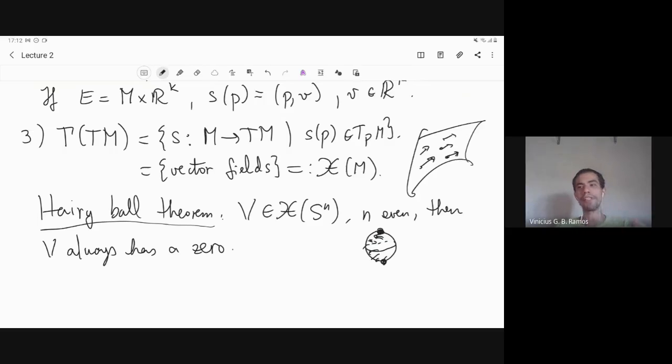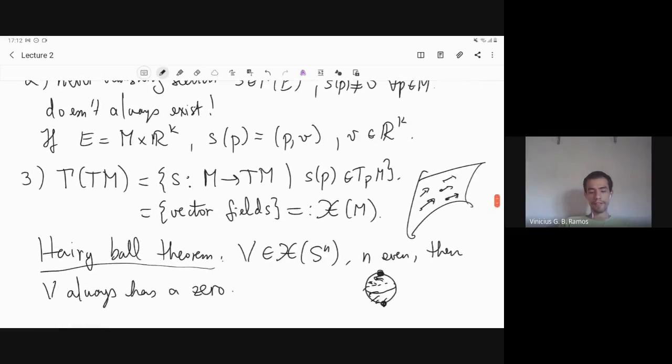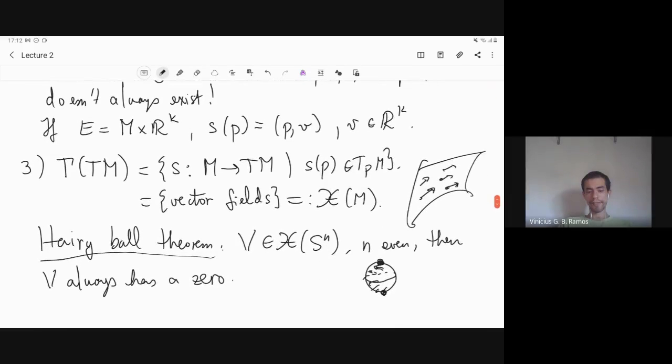If you remove a point of the sphere, then that's no longer true, but we often have it anyway. It's sometimes hard to comb our hair. But anyway, that's the hairy ball theorem, and it's true in any even dimension. So you cannot find a non-vanishing vector field.